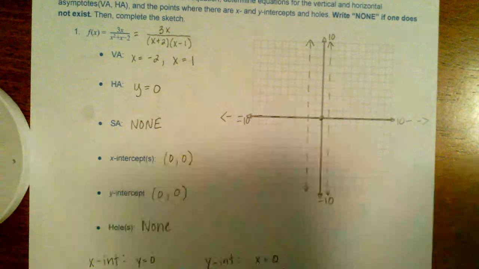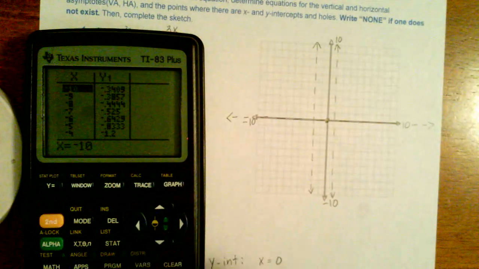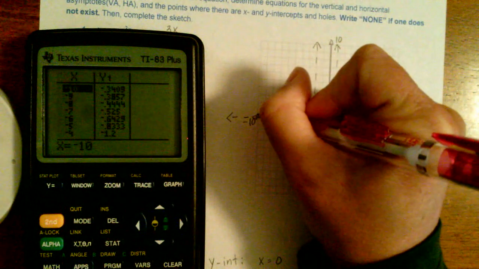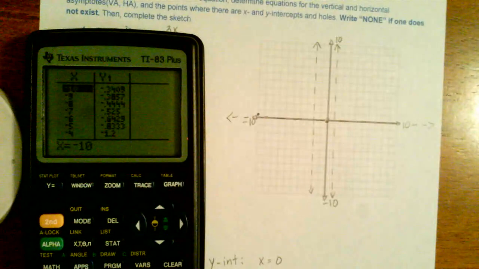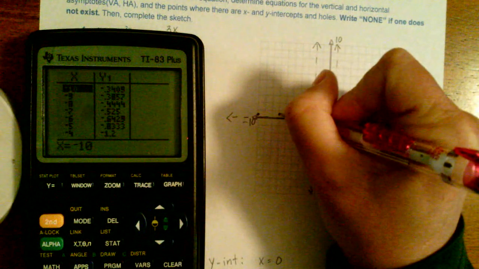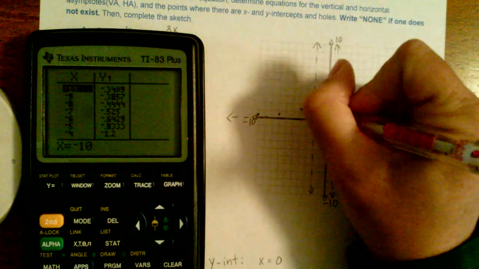And then I'm going to go and do some of my points. So at negative 10, I'm really close to 0, which is what I expected. At negative 7, I'm still only about 0.5. At negative 4, I'm at 1.2.